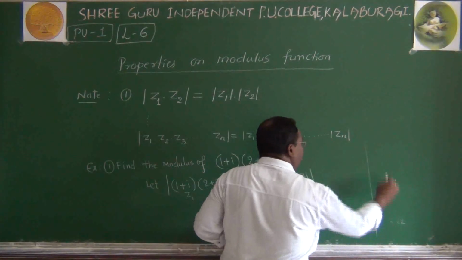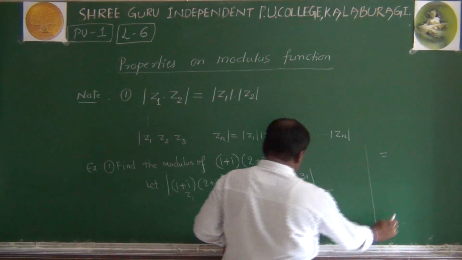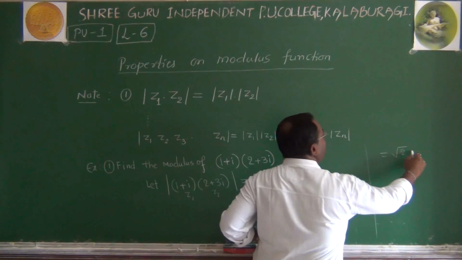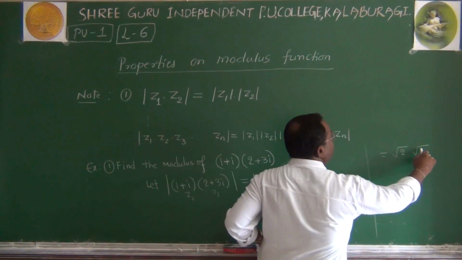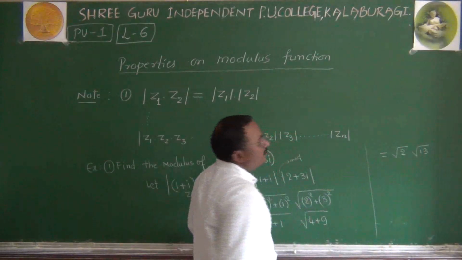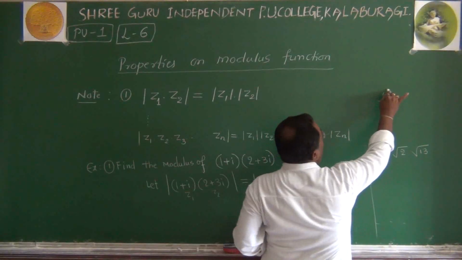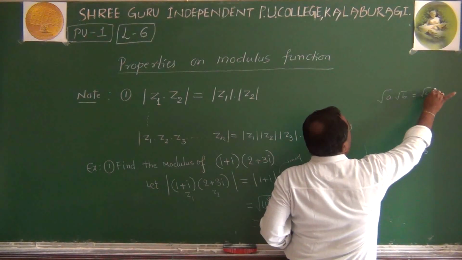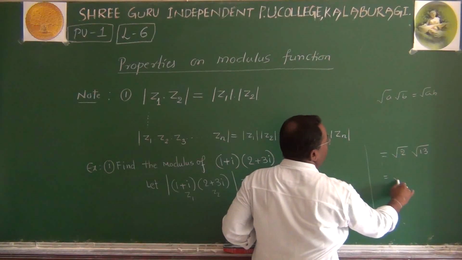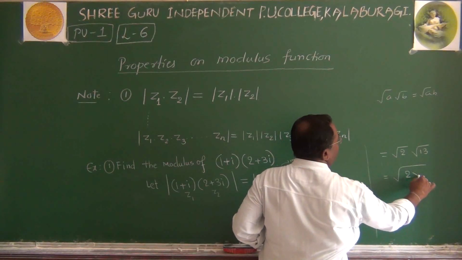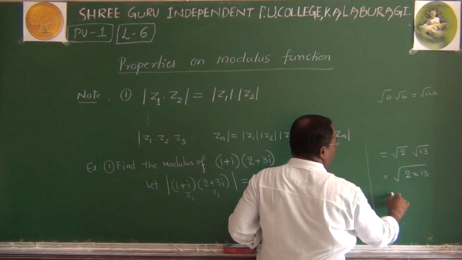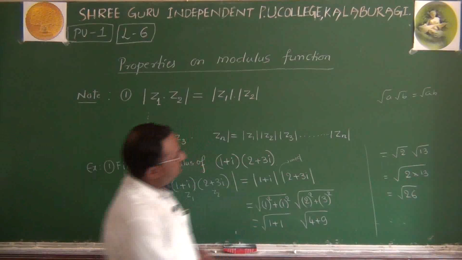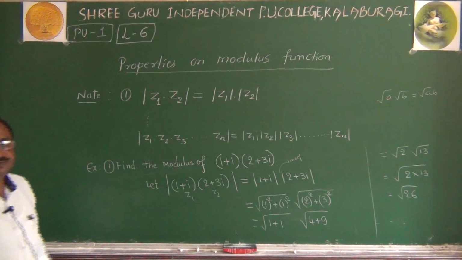The first modulus is root 2, the second modulus is root 13. Root a into root b can be written as root ab, so root 2 into 13 is root 26. Any doubt?